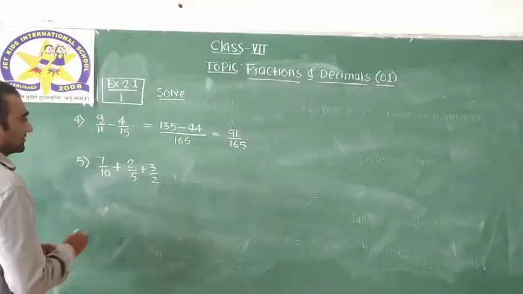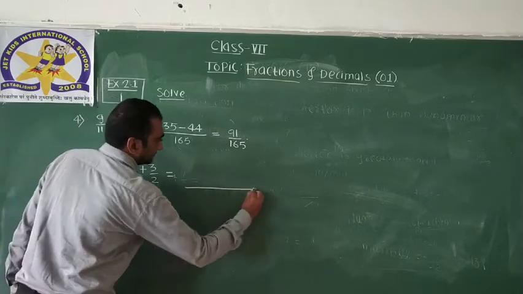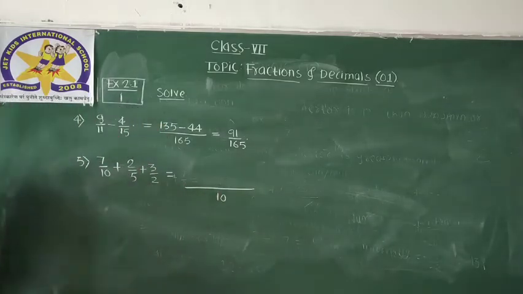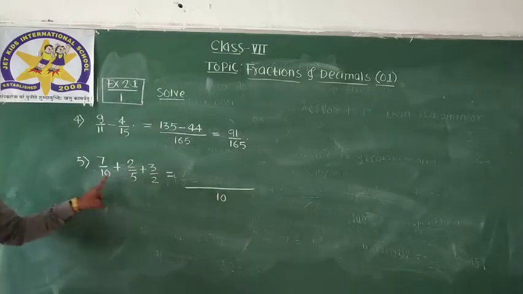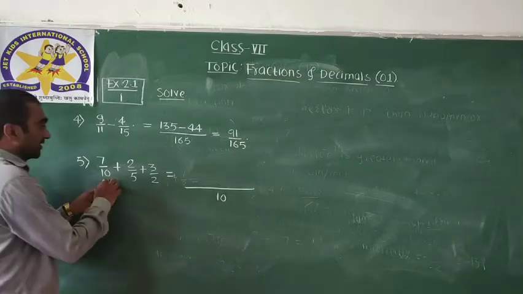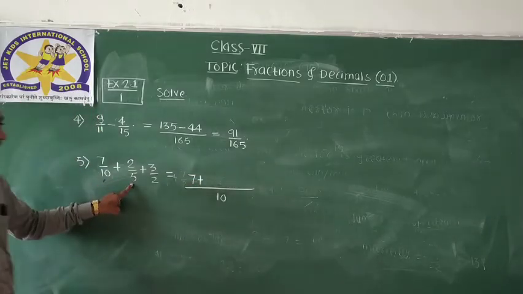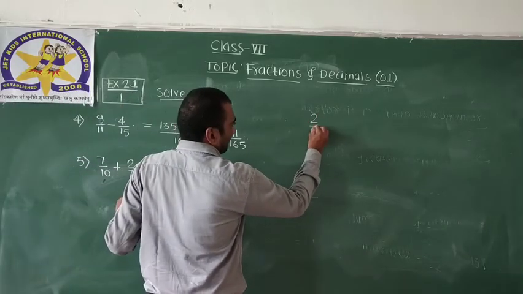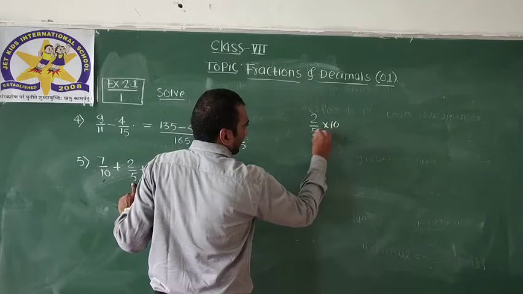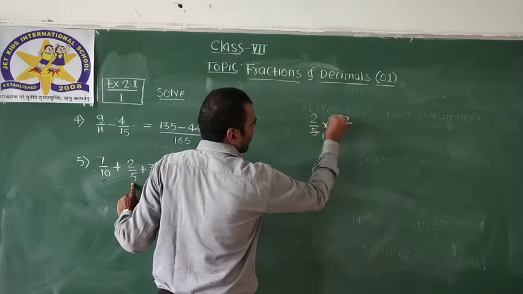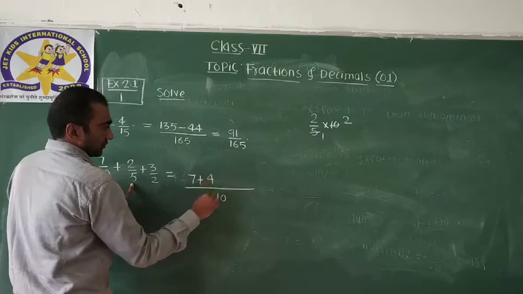If we take LCM equal to 10, multiply by 10 to each fraction. For the first fraction, 10 cancels, it will be 7. 2 by 5 multiplied by 10: 5 into 5, 5 2s are 10, 2 into 2, 4.